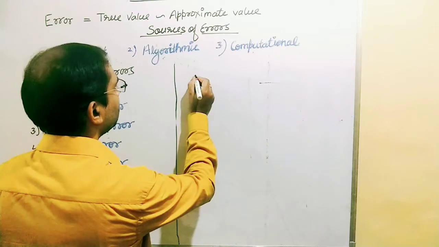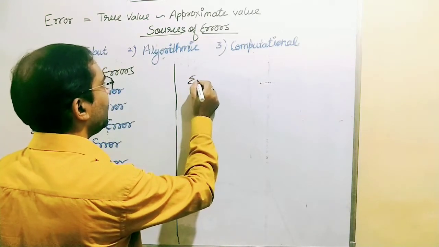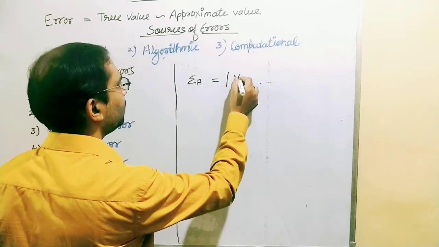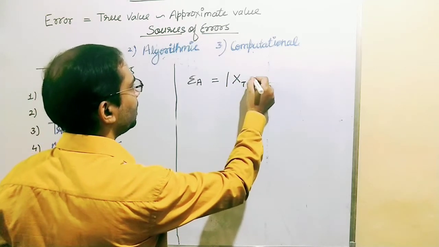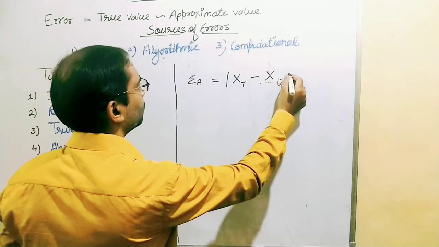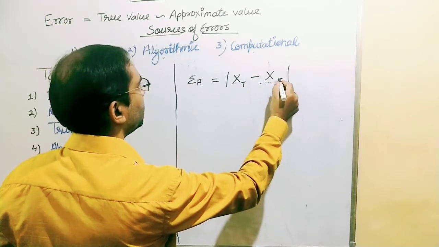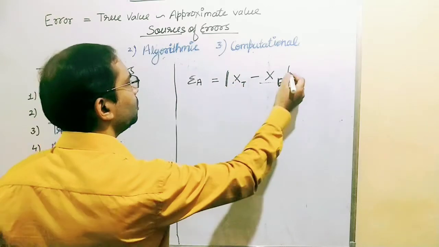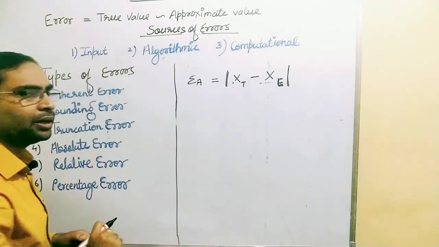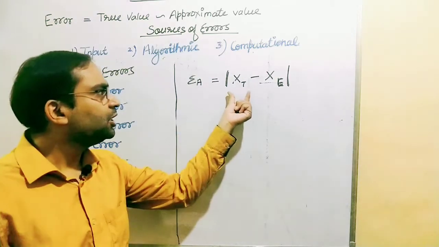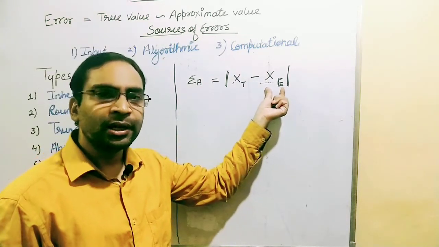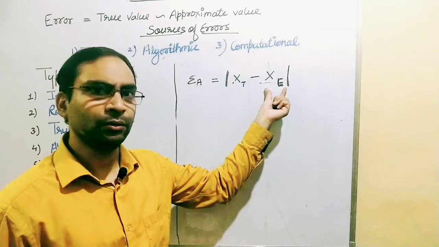So the absolute error is equal to the absolute value of xt, the true value, minus xe, the experimented value. So you can see this is the absolute difference between the true value and the experimented value, where xt represents the true value and xe represents the experimented or approximated value.